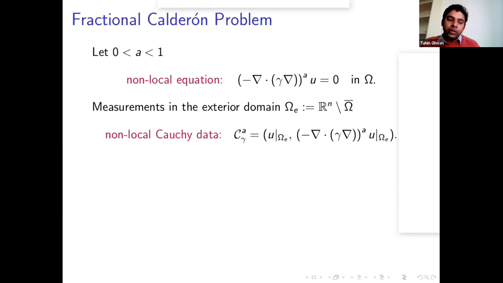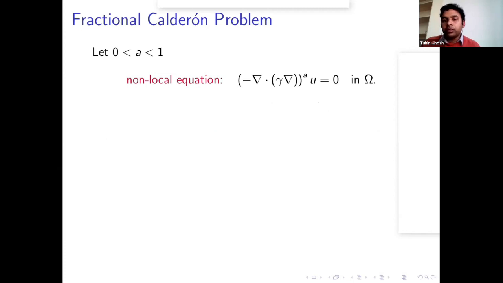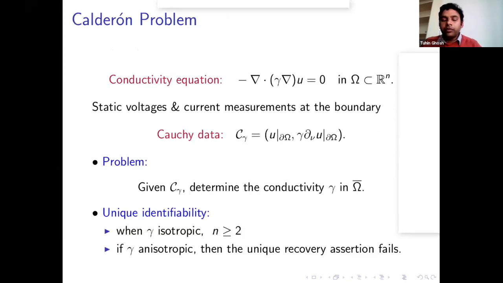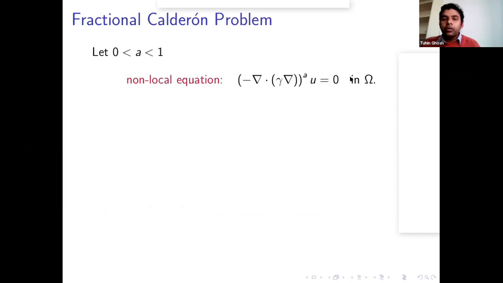The non-locality somehow forces you to go to the exterior domain, because to define the operator, earlier everything was defined in a bounded domain, or in some open set omega. But now, if you want to talk about the non-local operator in general, then you need to define it in full space. So things are defined in full space, and then it satisfies some equation in some domain.